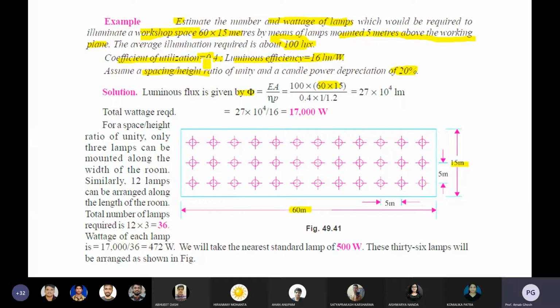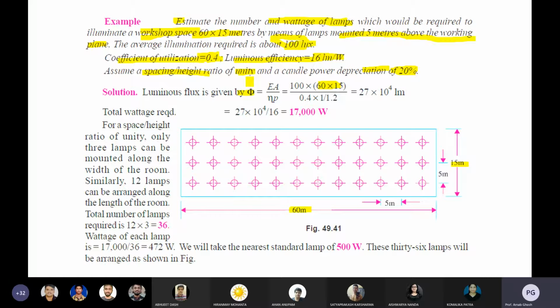Since the space per height ratio is unity and the candle power depreciation is 20%, the factor is 1.2, so the ratio is coming 1 by 1.2. Directly we will get the lumens, that is 25 into 10 to the 4 lumens. Now what is given?